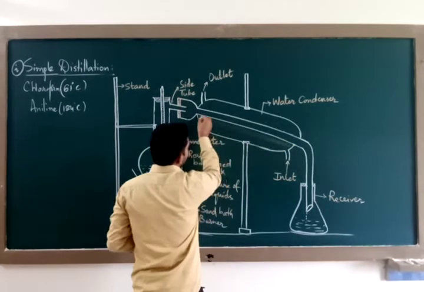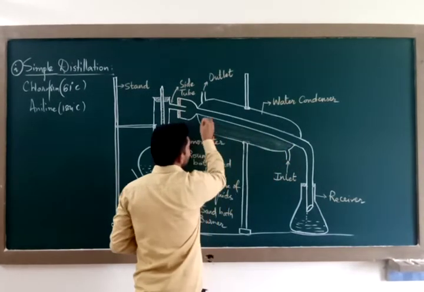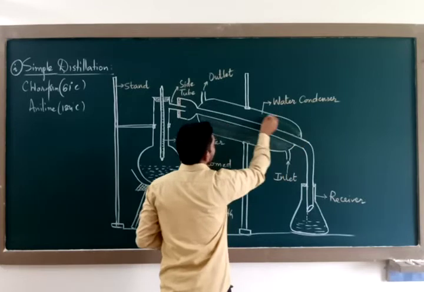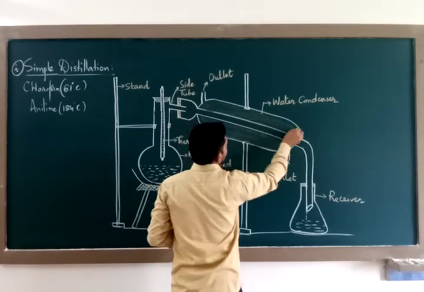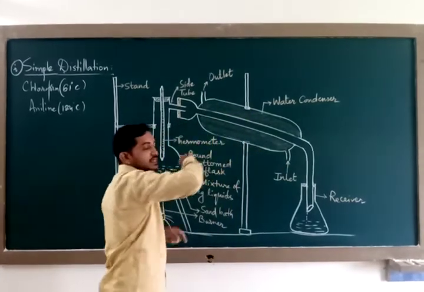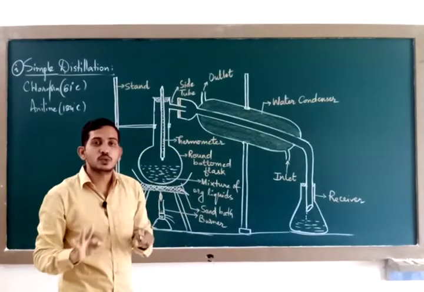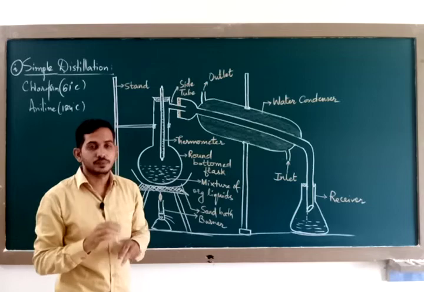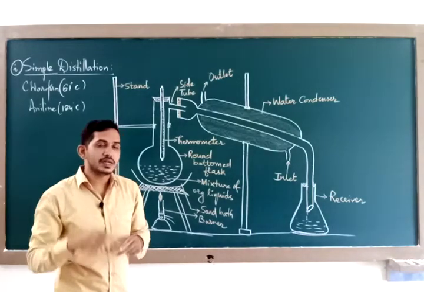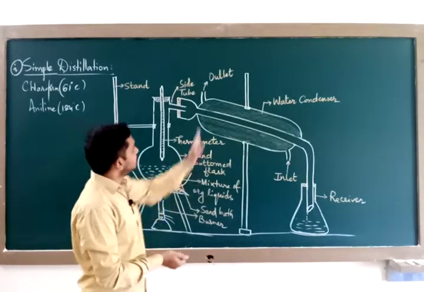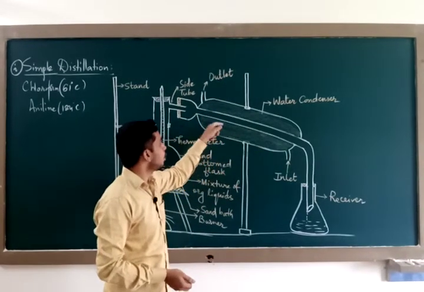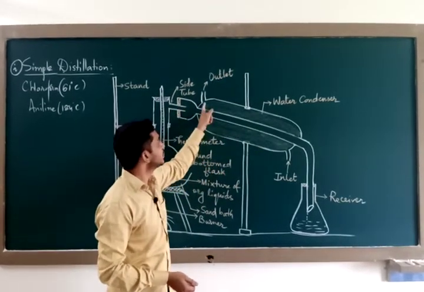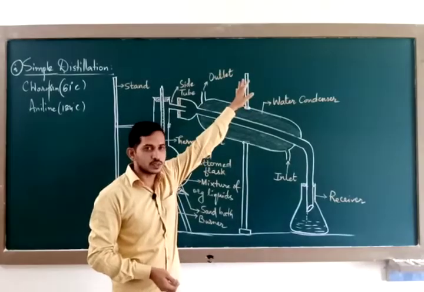This entire part should always be filled with running water, so that the temperature inside the water condenser remains cool, remains low. Why do we need this low temperature? I will tell you after some time. From the other end, the water that has been sent inside becomes warmer due to the incoming vapors, and that water is let outside.